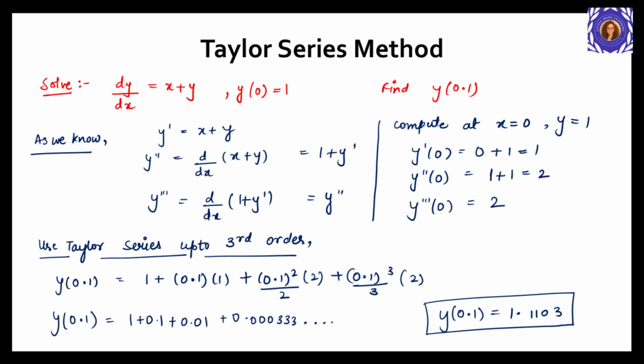And then we use the Taylor series up to the third order to find the value of y at 0.1. By plugging all these into the Taylor polynomial, we estimate the function at the next point. The more terms you take, the more accurate your answer. But again, computing all those derivatives can be painful. So while this is accurate, it is a bit tedious.